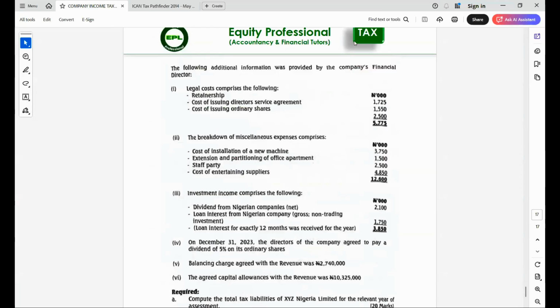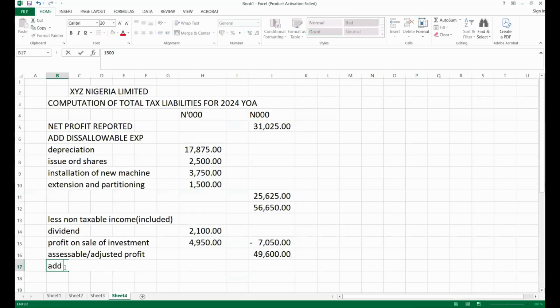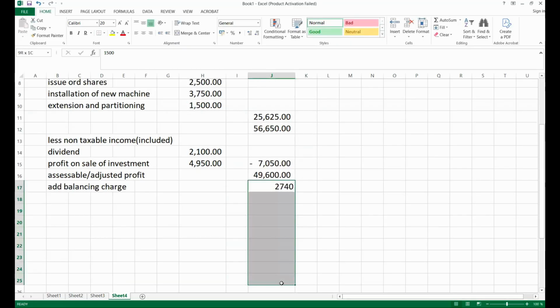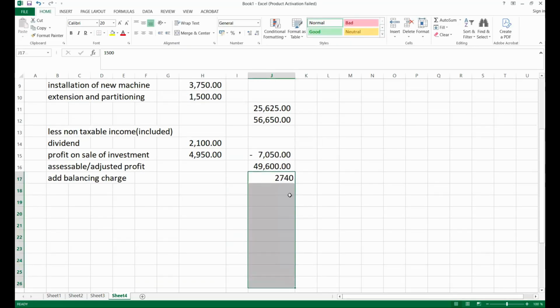So we are going to take care of that. So we add that, so it's an additional income. If you are given balancing allowance, what do we do? We add it as part of your capital allowance because it is an additional capital allowance. Take note of that. Balancing charge, 2740. So we add it to this, 2740. So after the balancing charge, you add this and this together.